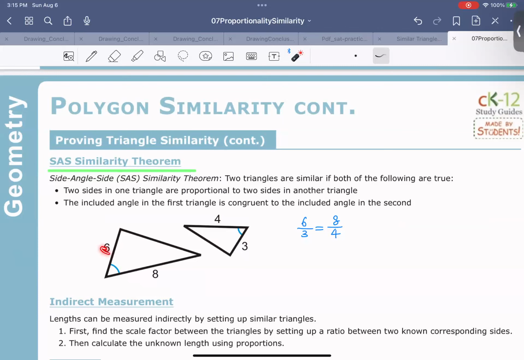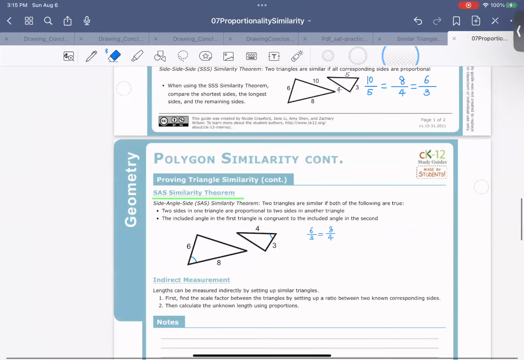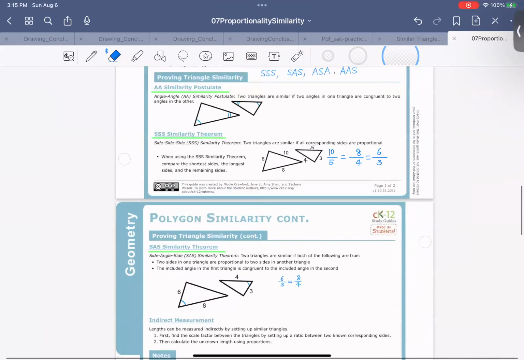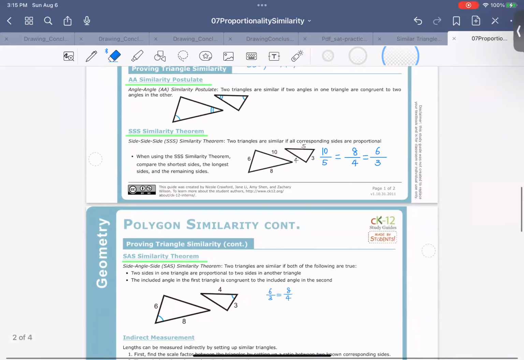This is called side, angle, side, SAS. So to prove two triangles to be similar, you only need these three. That's the only three theorem names: AA, SSS, or SAS. Okay.